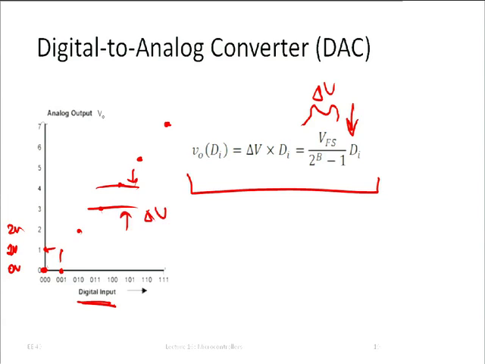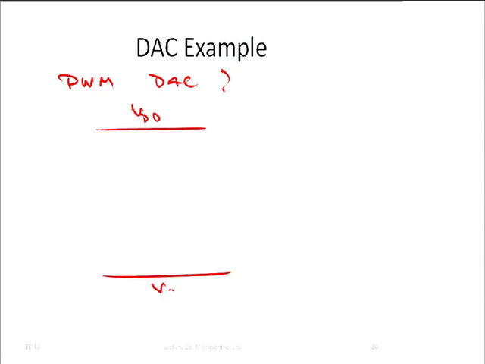So how would we do that? You remember that we looked at this pulse width modulation DAC. Well, that was one way to do it. Another simple way to do it is, let's say you have here VDD, and here you have VSS. You take a long string of resistors, many more probably in practice, and then here you get VDD, here you have VSS, and in between you have values in the middle, right?